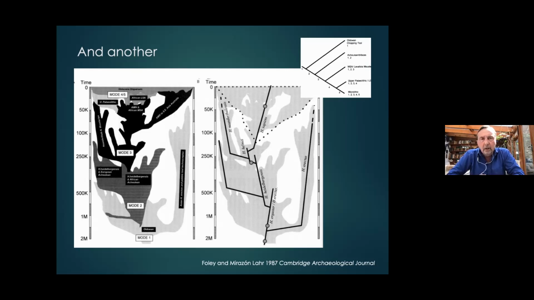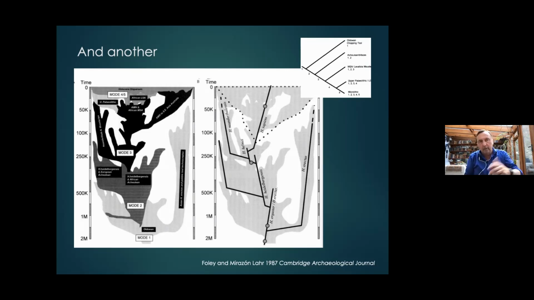Using Graham Clark's modes, we pointed out that for quite a lot of our evolutionary history, you can see particular lineages associated with particular modes: the Eurasian Homo, the Afro-European and West Asian lineage of Ergaster and Erectus, if you want to call it that, associated with mode 2 technologies.